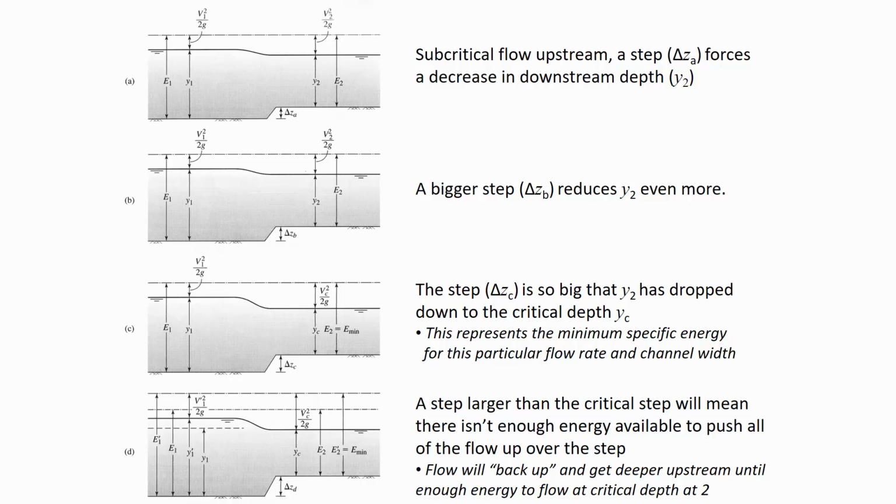So you'll notice y1 was the original depth upstream. Y prime 1 means it's the depth the water is going to have to pool to so that there's enough energy at 1 to make it over this new obstruction. So E prime 1 is the amount of energy required to make it over this obstruction, delta Z sub D.